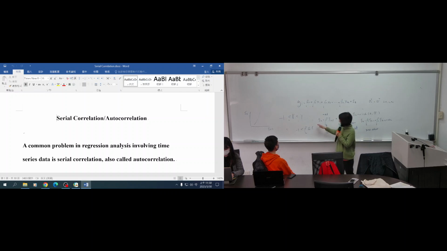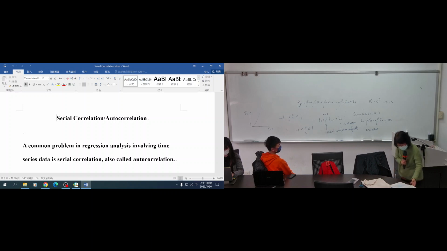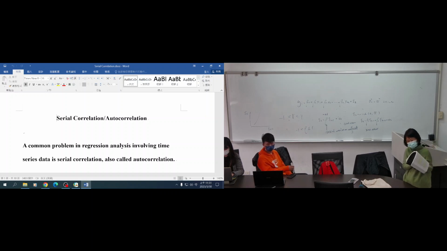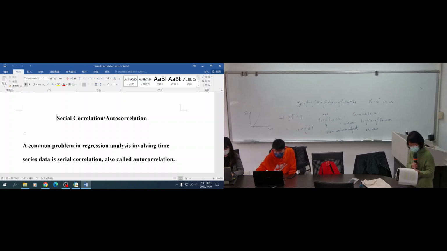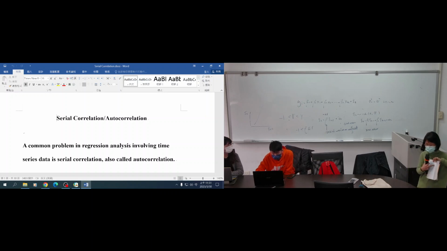What do you see in the diagram of the residuals if it is positive? You can see the diagram in our textbook, page 295, figure 9.1. This is what we call the positive serial correlation graph. It can be like this, or like this.